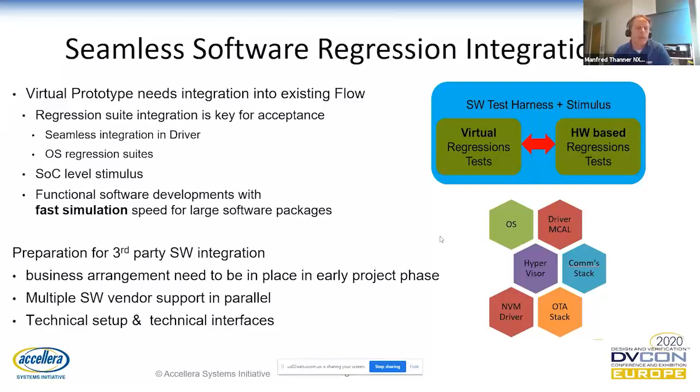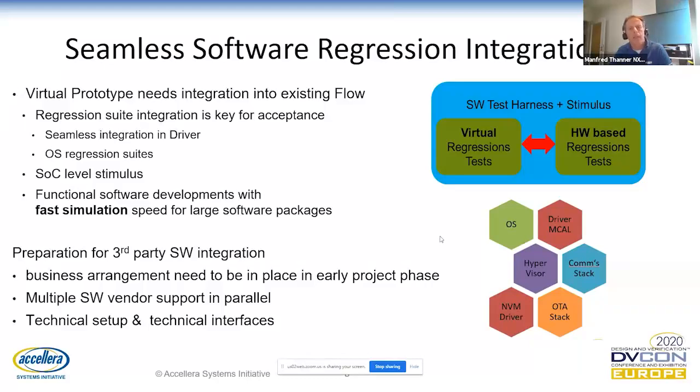We have seen automations utilizing debugger scripting. We have seen regressions that use serial interfaces, equivalent serial interfaces, to put the software test regression into an ECU at a later stage. So the virtual prototype needs to support those interfaces in order to fit into an existing flow, because those test harnesses deployed in the pre-silicon phase will need to be reused downstream when hardware is available.